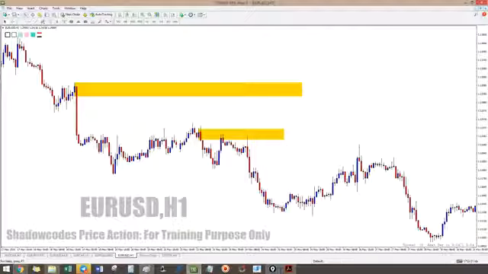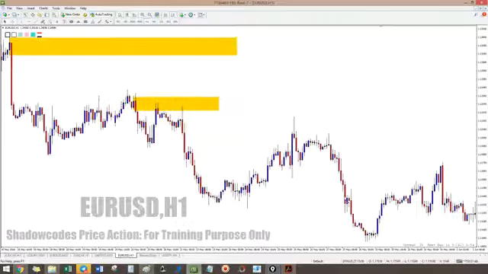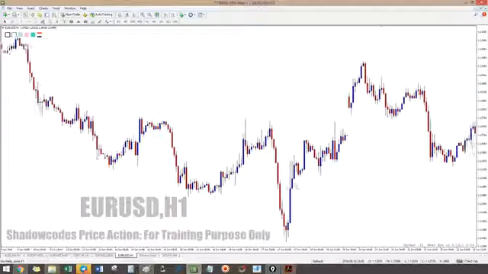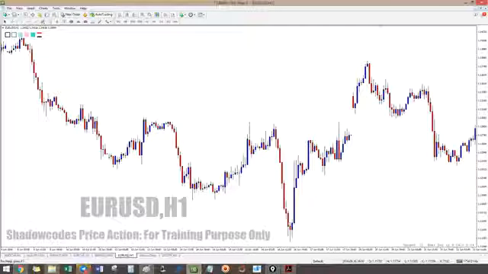So let's find the demand zone. Okay, it's a bear, bull. So your demand zone is over here in the second candle, the middle candle.